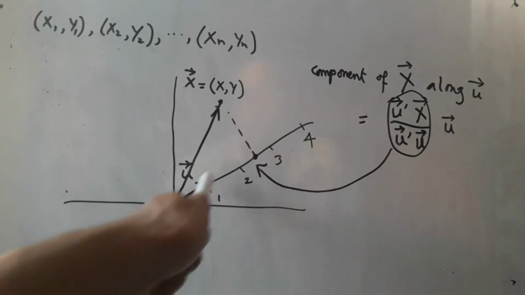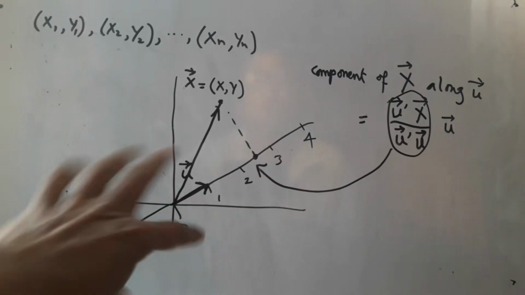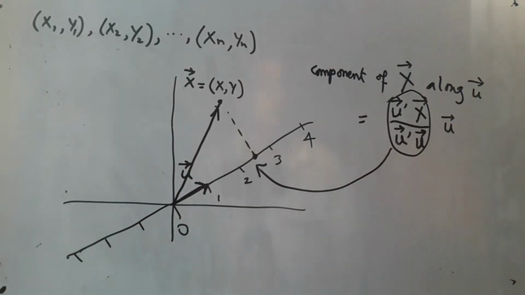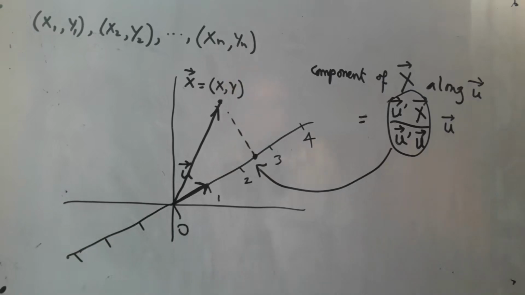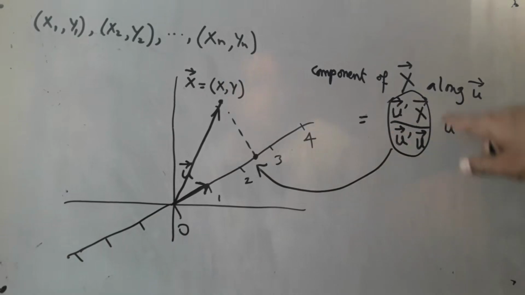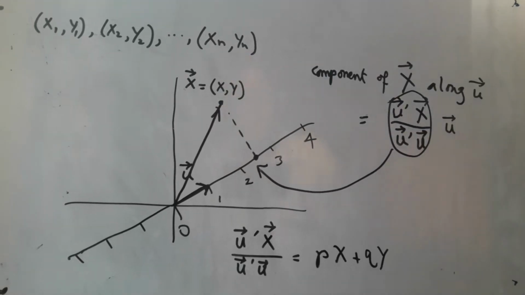Now here u is any arbitrary non-zero vector depending on how you orient your ruler and how much the spacing of the units are. So in general, this is nothing but a linear combination of x and y. So it is of the form px plus qy for some p and some q.